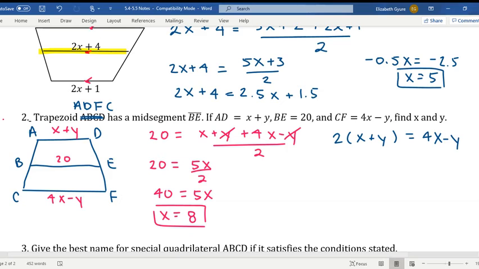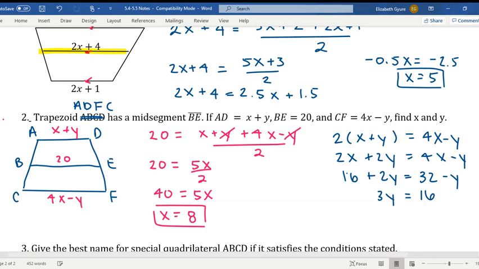That'll give you 2x plus 2y equals 4x minus y. So 16 plus 2y equals 32 minus y. Add your y over, that gives you 3y. Oh, I don't think that works. Subtract that, you get 16. Now we're going to get some weird decimal. Yeah, sorry. It was worth a try, though.